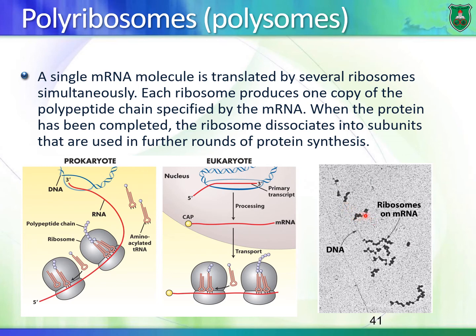Here you have a messenger RNA coming out. Where is the beginning of the messenger RNA? Where is the 5' end of the messenger RNA? And you should say it's right here. So it's coming out 5' to 3'. Okay, you see here? So you have the messenger RNA coming out 5' to 3'.